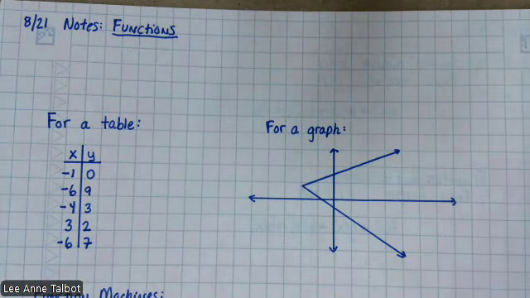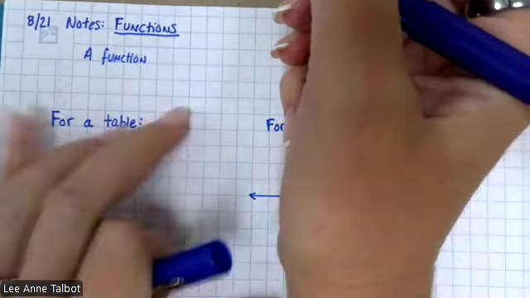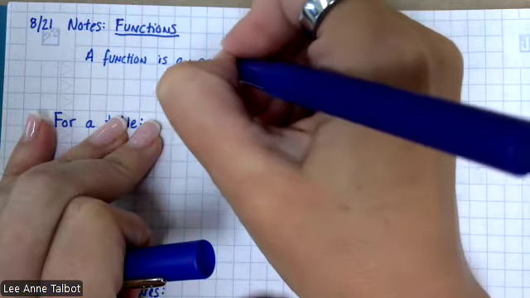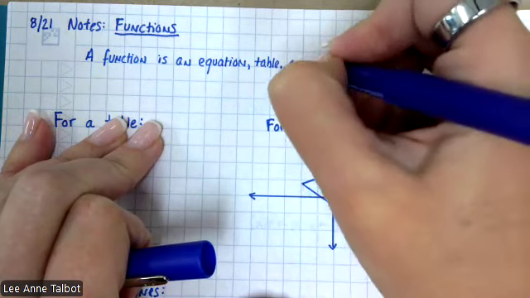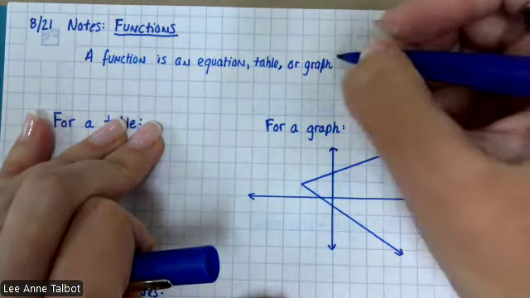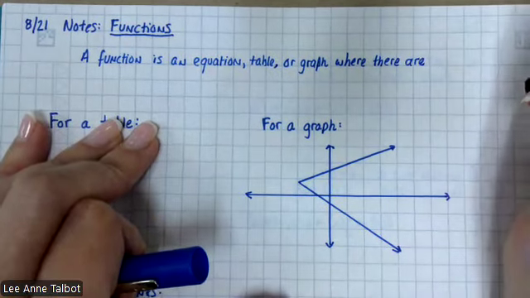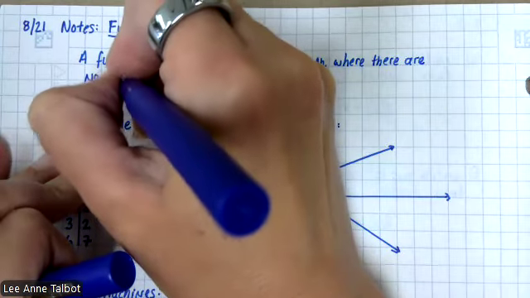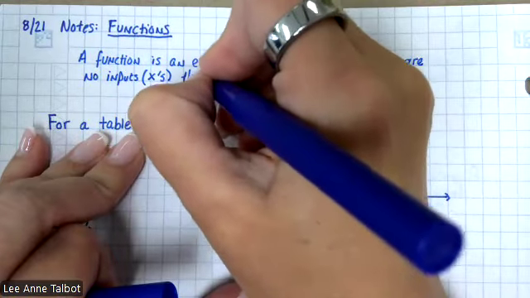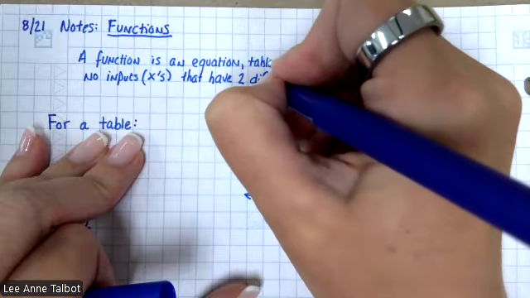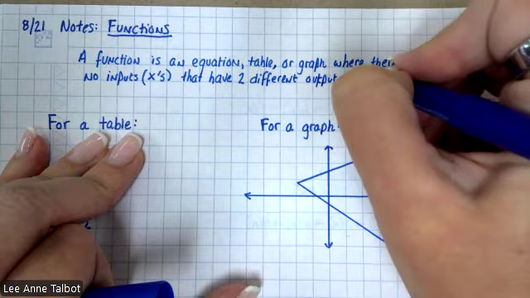Functions, notes. A function is an equation, table, or graph where there are no inputs, inputs are the x's, that have two different outputs, which is the y's.